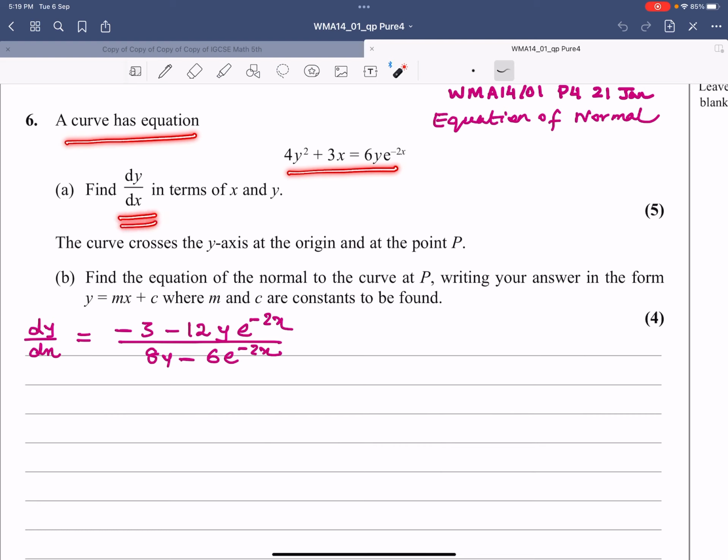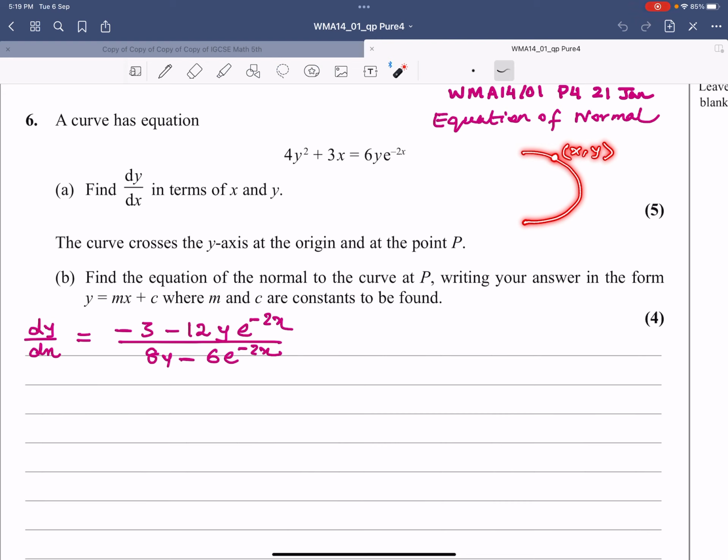We know that when we find dy by dx, which is here as a result of the answer of part A, we can find the gradient at any given point. So this is a curve here. So let's imagine any curve. We can find the gradient at any given point on this curve. We need x and y coordinate.